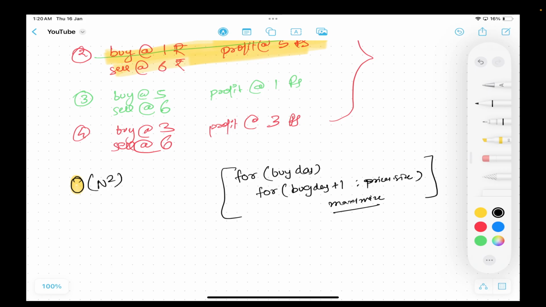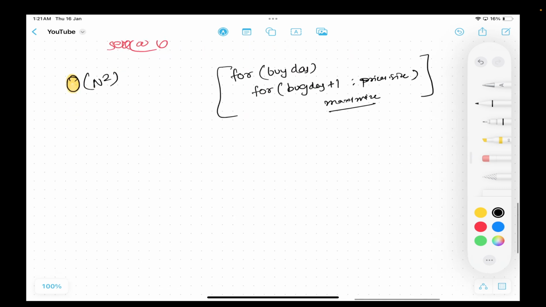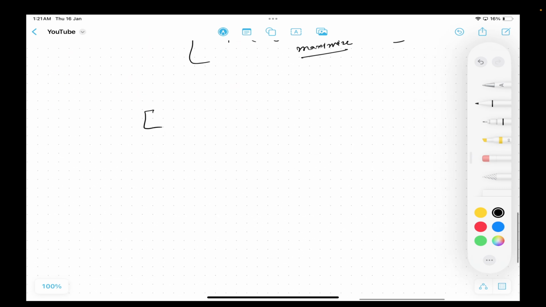So if you want to sell on a particular day, what will be the day on which we have bought that stock so that I can be in maximum profit? If you bought that stock at the minimum price on the left side, let me tell you with an example. So let's say you want to sell on the i-th day, so this is the selling day.